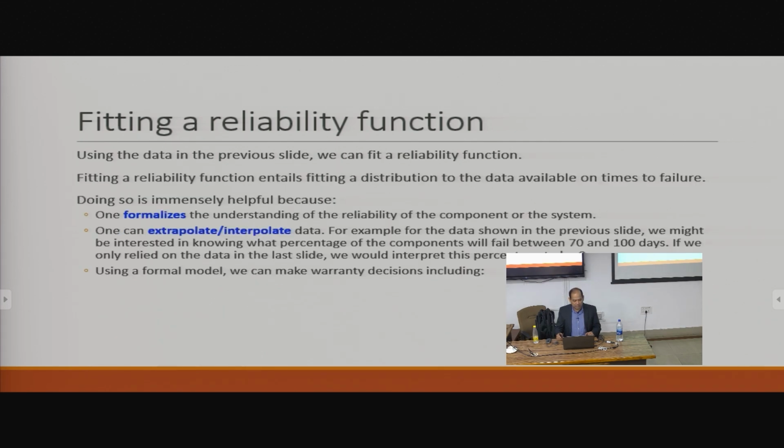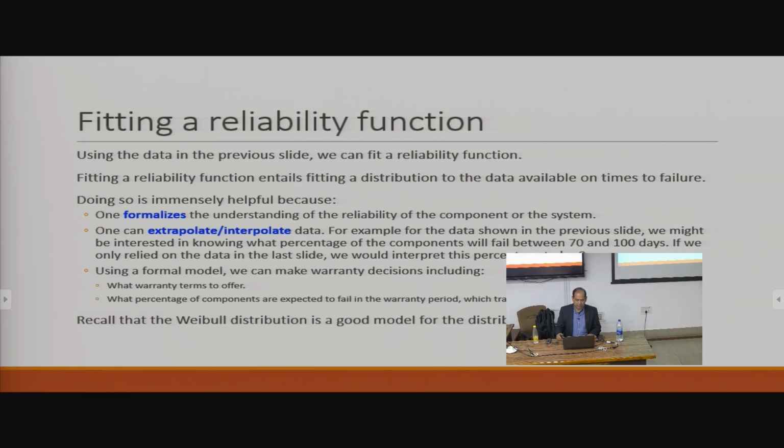Then we can make warranty decisions, what warranty terms to offer, what percentage of components are expected to fail in the warranty period. So you can see, okay, we offer failure-free 90 days, but our calculations show that 3% of the systems would have failed. Then you can plan accordingly, right? I expect this much failure to occur in that period.